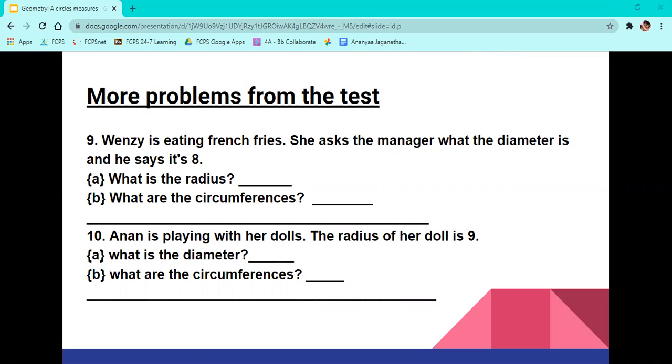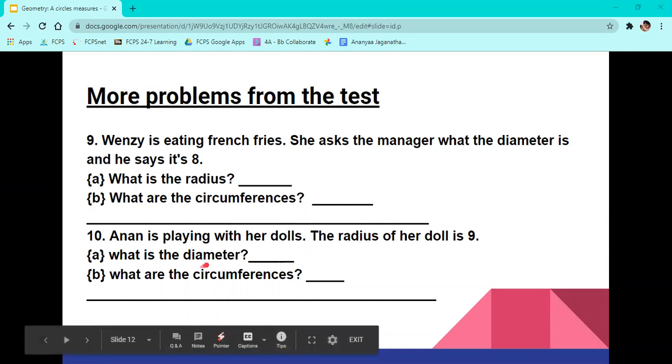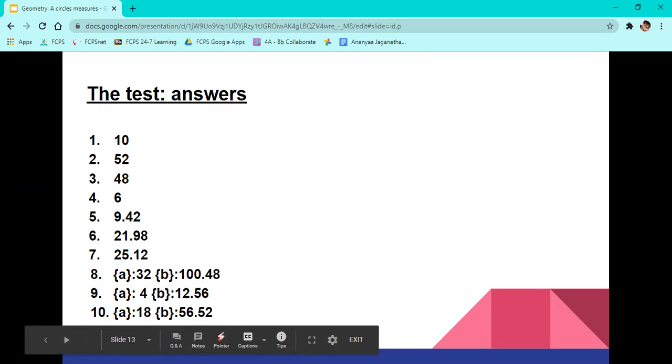So the radius is 4 and the circumference is 12.56. 10A is 18 and B is 56.52. I hope you got this all correct because that's all for geometry or circles measures. I hope you enjoy. Here's the answer for the test. Make sure you got them correct, and I hope you enjoy this video.